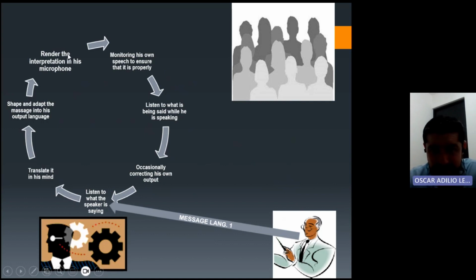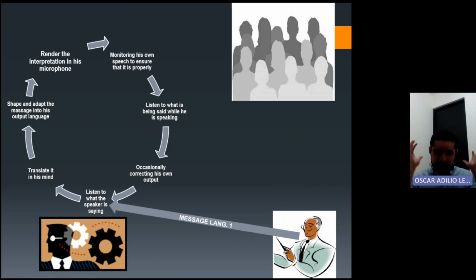But, okay, you might think, okay, that's it. Mission accomplished. No. After he has rendered the message, he has to monitor his own speech to make sure that it is properly transmitted. Because probably you will experience this when you go into the booth and you put on the headset and you start interpreting.